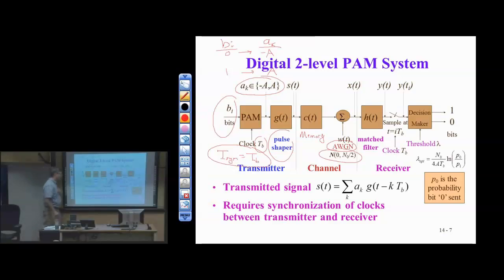On the receiver side, we'll have a matched filter, and its job is to reduce the impact of noise. That is to say, it's going to improve the signal to noise ratio. We'll talk about that derivation in the next part, lecture 14. We've already seen one way to do this, which is averaging: integrate over the symbol time.